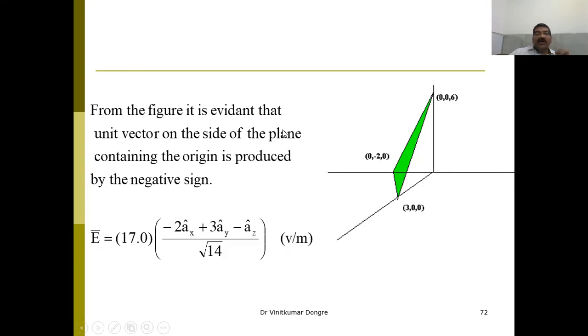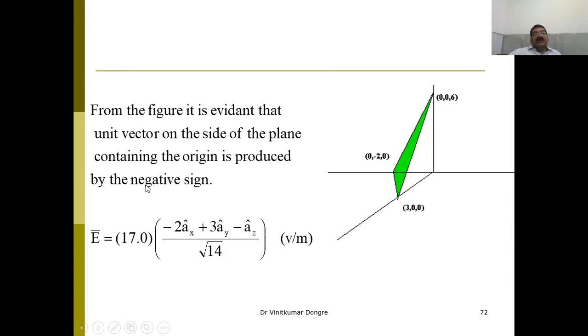So we have to find whether we have to consider plus or minus. From the figure, the unit vector on the side of the plane containing the origin is produced by the negative sign. I'll give you homework: why negative sign?